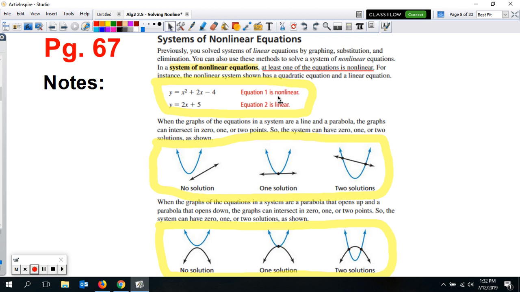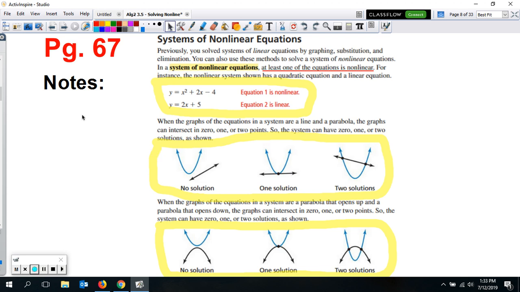Now you can have 2 nonlinear equations, and it would be a nonlinear system. It's just that both of them are not going to be linear. One of them could be, and the other one has to not be. Or we could also have both equations not being linear at all. We could have 2 quadratic equations, or a quadratic equation and another equation we're going to look at, a circle.